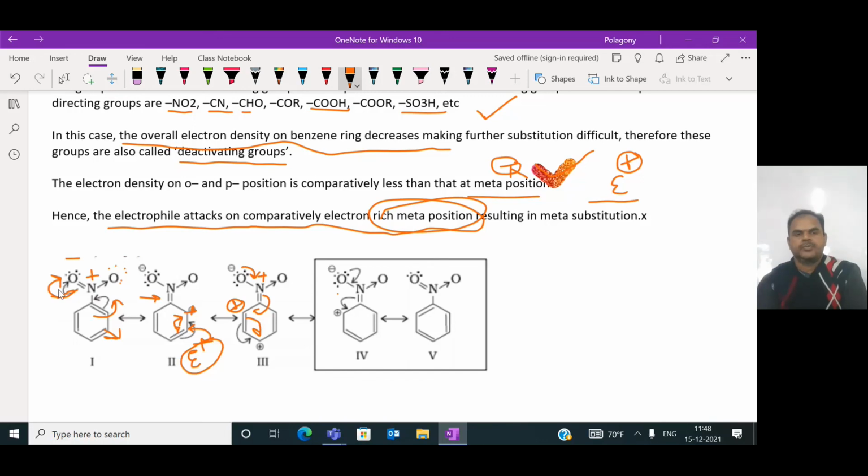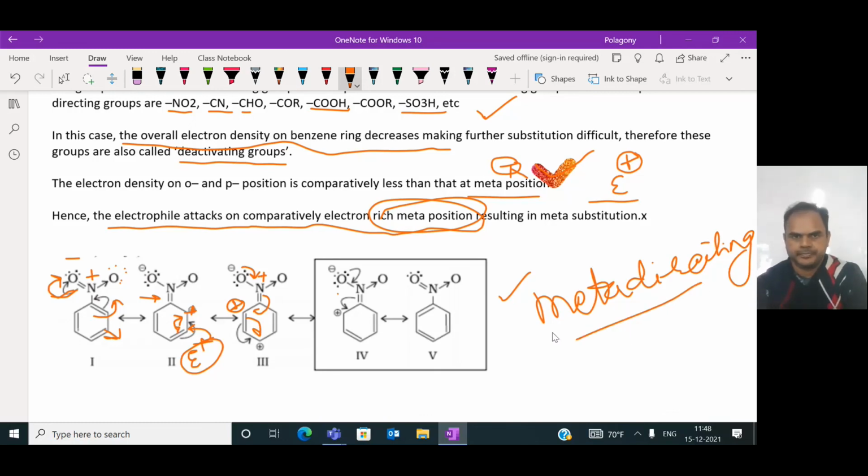Due to this NO2 group, carboxylic group, sulfonic group, and aldehyde functional group, electron density at the meta position is more, hence these are called meta directing groups, deactivating the benzene ring.